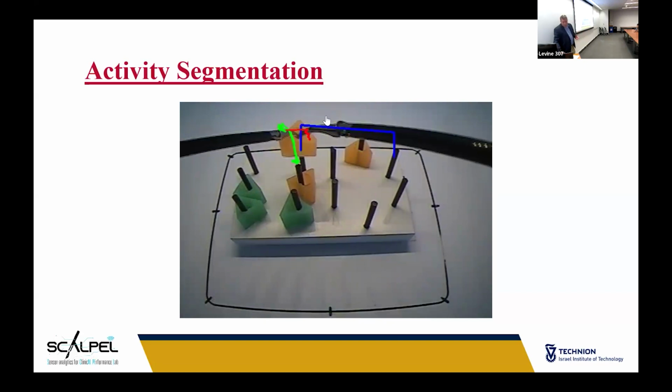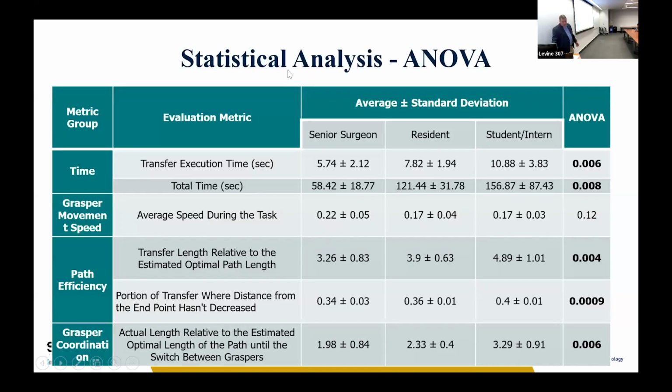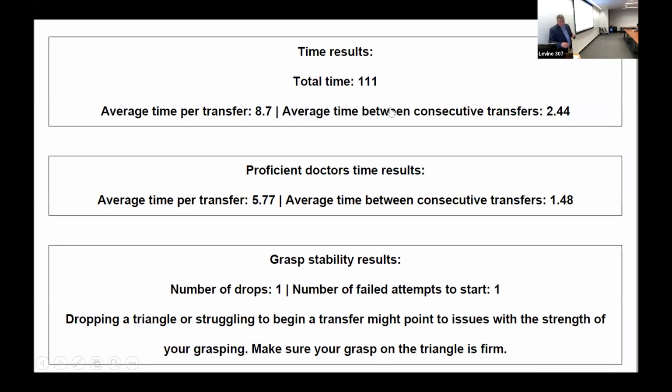And you can, again, come up with more specific metrics, like how much time it takes to transfer from one hand to another, and how much they move back and forth. You can have more specific measures of their performance. Again, you always compare between the seniors and the students. In this study, we also had residents in the middle, and you see these metrics actually pan out as important.